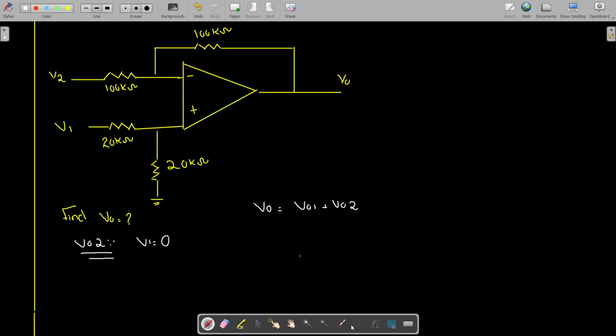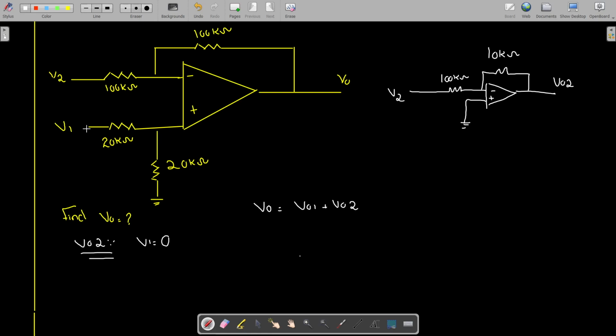If I want to draw this, I can simply draw it again. We are going to have a 100 kilo ohm resistor, negative, positive is going to be grounded now, and this will be your V2, and then we are going to have 100 kilo ohm, also 100 kilo ohm. This is your VO2.